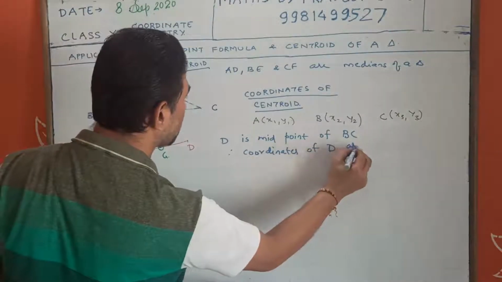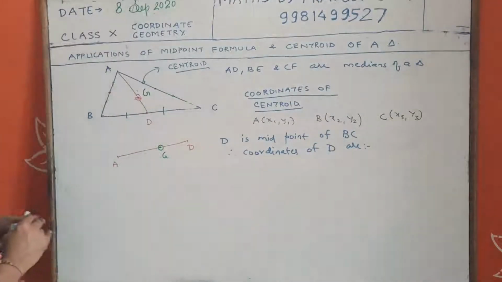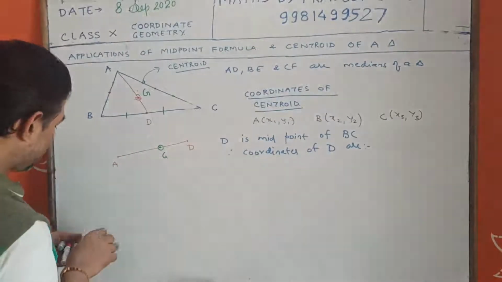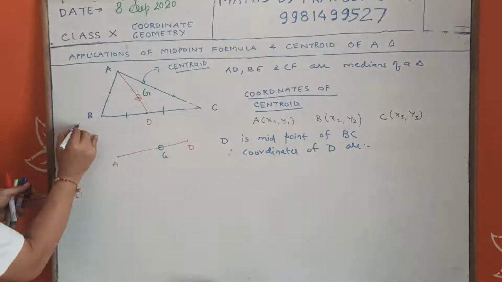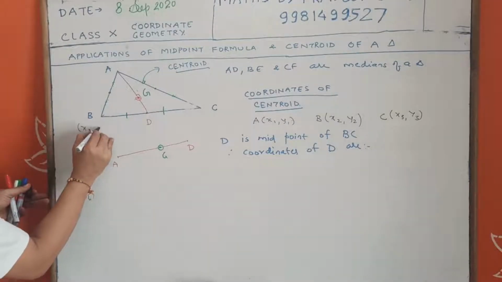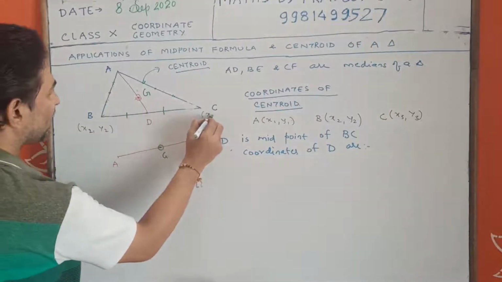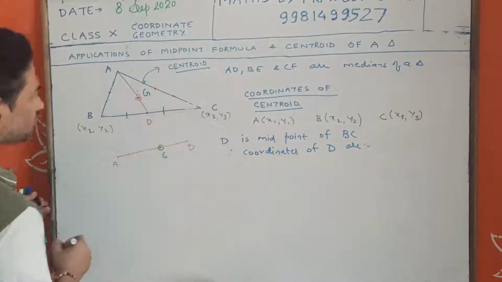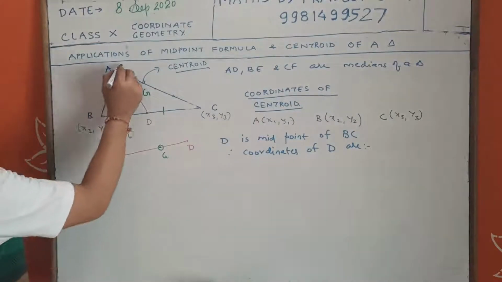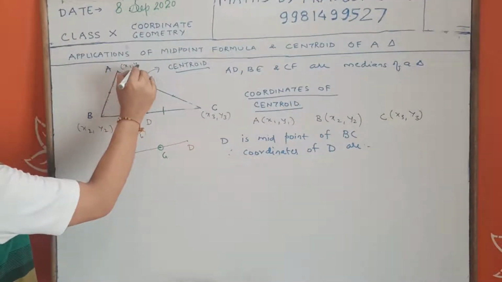Therefore, coordinates of D are, let's see, D is the midpoint of BC. This is x2, y2, and this is x3, y3, and A is x1, y1.